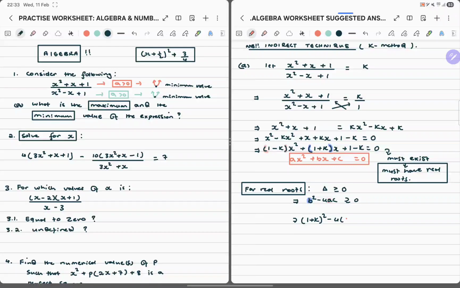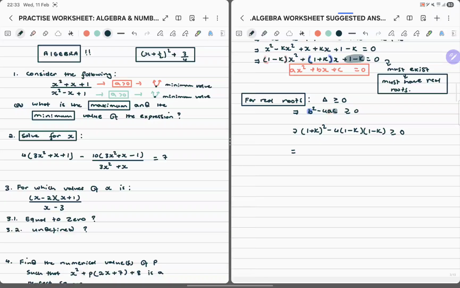So this is 1 minus k. C is the constant, right? And the constant is the complex term here. This is our C. So we write it as it is, 1 minus k, greater than or equal to 0.